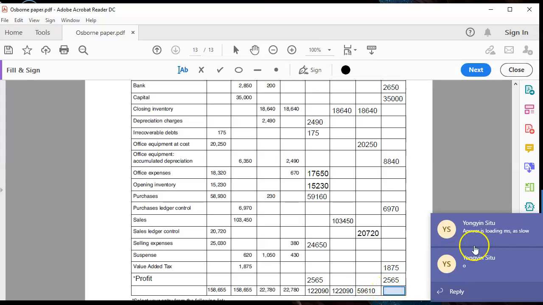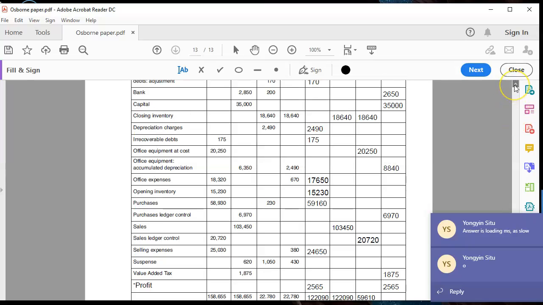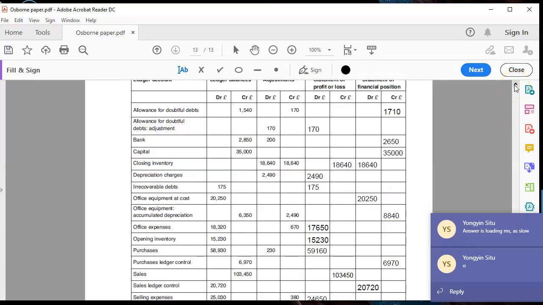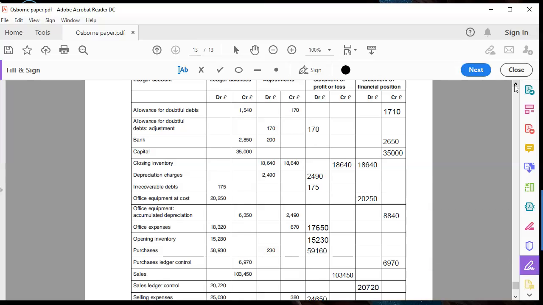Let's see the credit side now. I got 1710 plus 2,650 plus 35,000 plus 8,840 plus 6,970. Oh, missed a figure, so let's do it again.